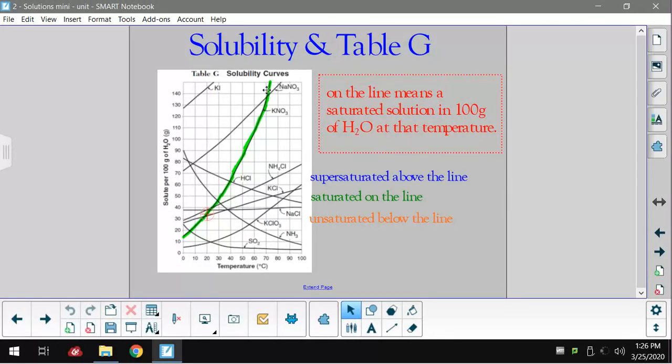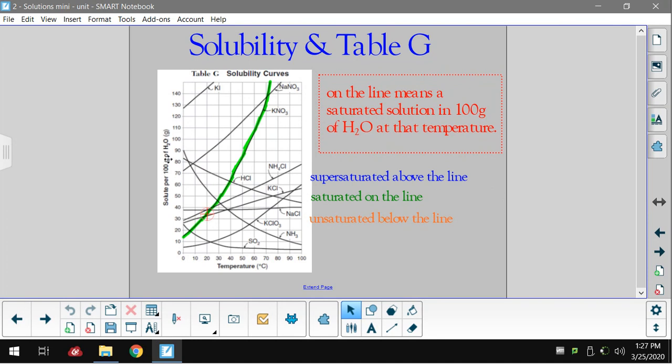If a substance is on the line, that means you have a saturated solution. The term saturated means the solvent is holding as much solute as it can. As you can see, the solubility changes depending upon the temperature.